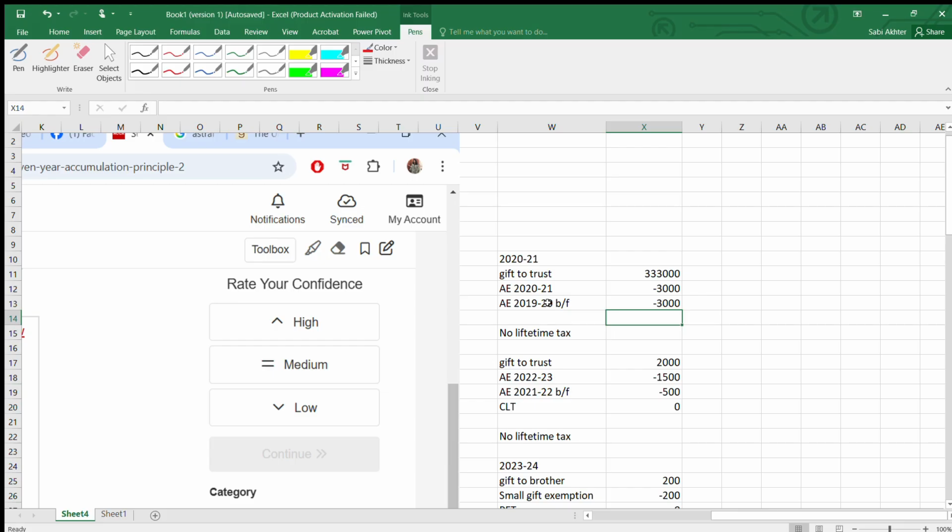So now the chargeable value is 327,000. This is the chargeable value.